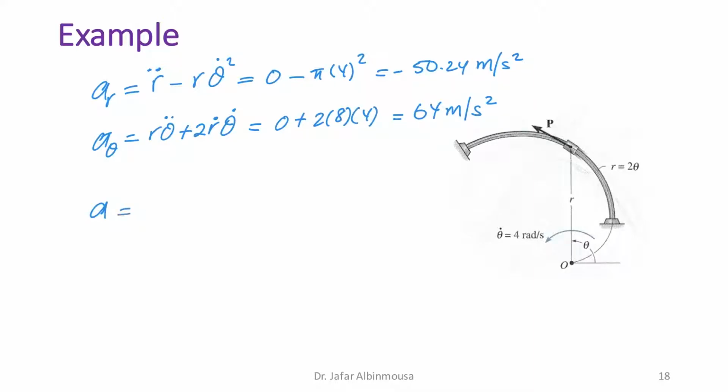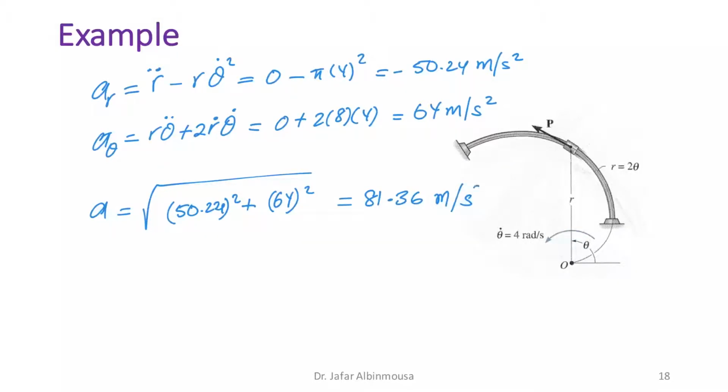So the magnitude of the acceleration is the square root of 50.24 square plus 64 square, and this gives you 81.36 meters per second square.